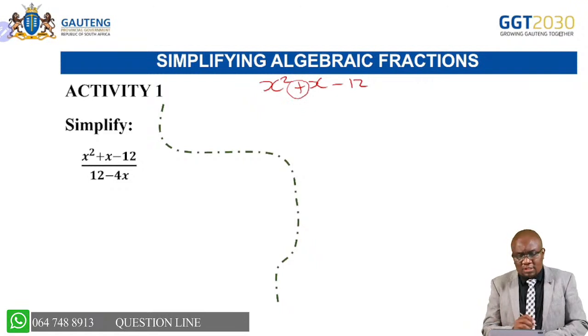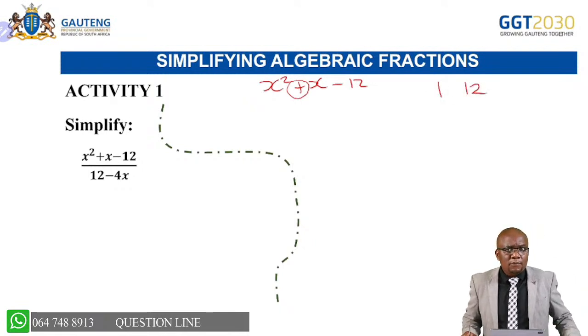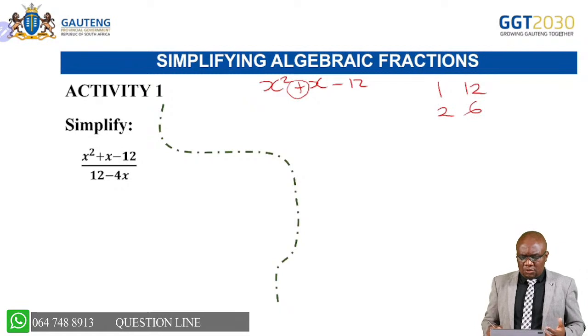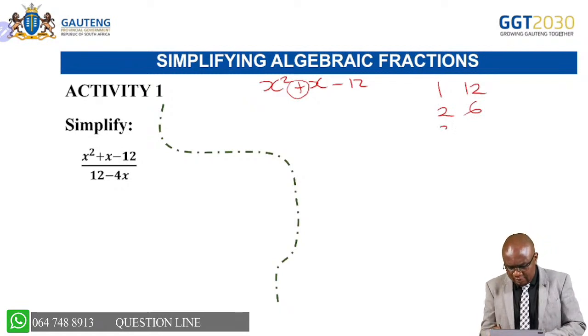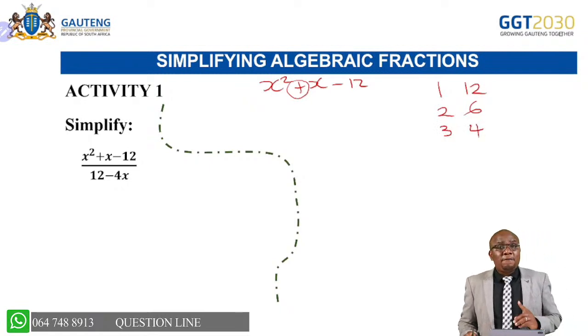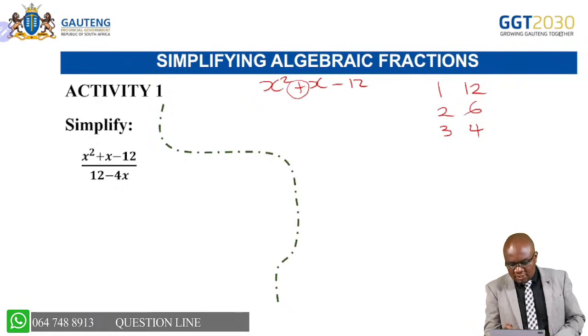Okay, so let's just go through our factors. We can have 1 goes with 12 because 1 times 12 is 12. Okay, and then 2 goes with 6, and then 2 times 6 is 12. But now the gap between 2 and 6 cannot give us 1. Okay, we go to 3 times 4. 3 times 4 is 12. Yes. If one is negative and the other one is positive, we can get a gap which is the difference of 1 here, because here we have plus 1.